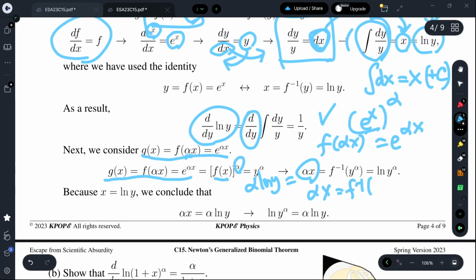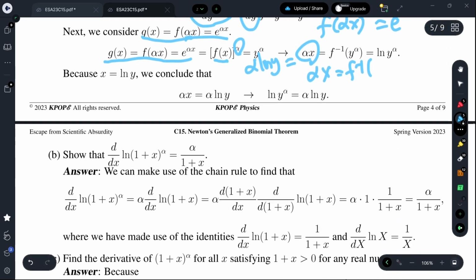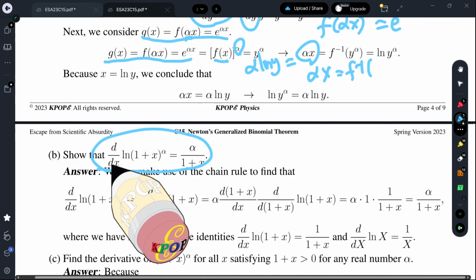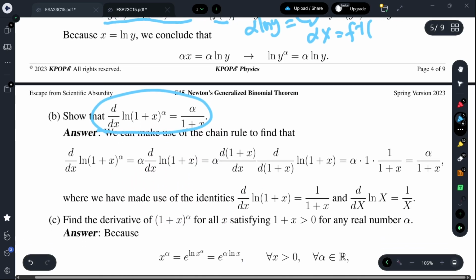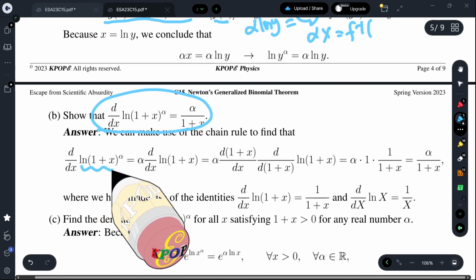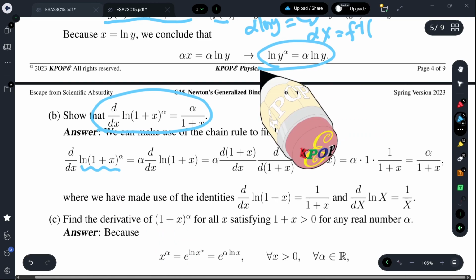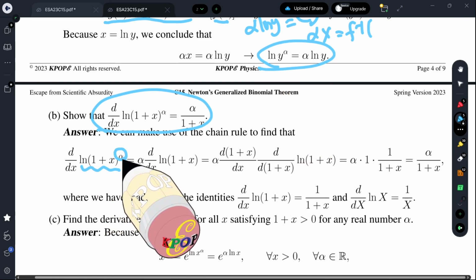Next, we consider this one. From this, we derive this. We take the derivative of log of (1 plus x) to the alpha. All right. I know this, so let me pull this power alpha out. And this is a constant.